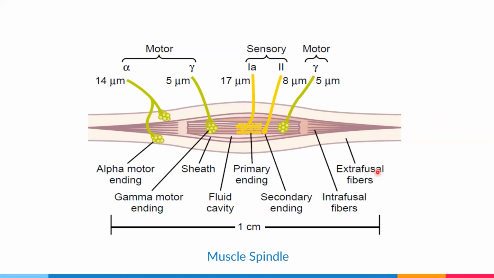There are further extrafusal fibers that envelop the intrafusal fibers, and the sensory 1A and 2 nerves that innervate the interior of the muscle. We'll look into these as well in a bit.